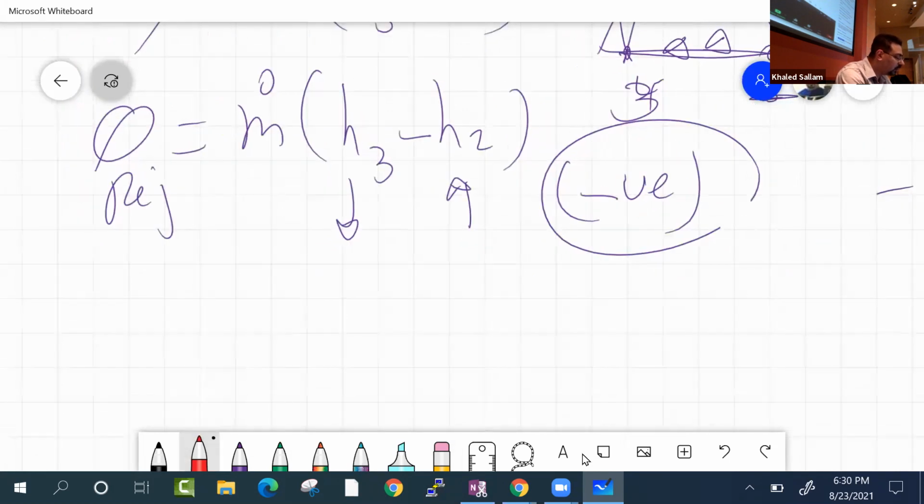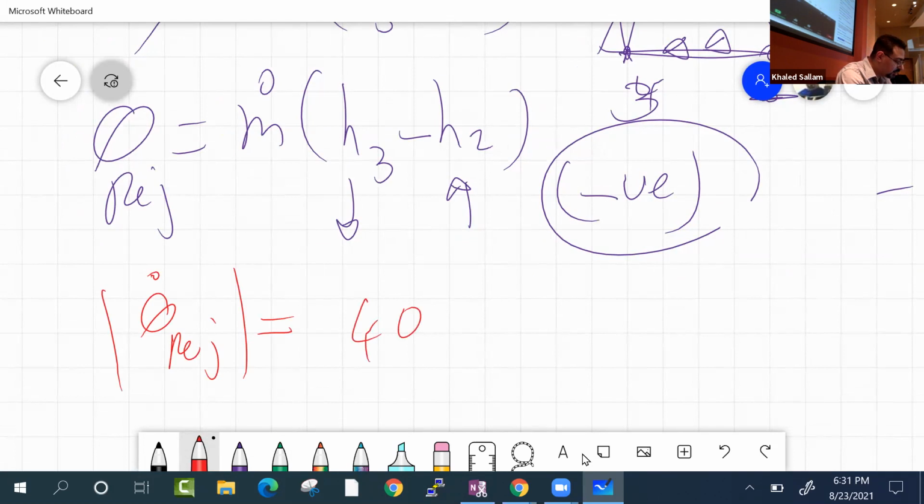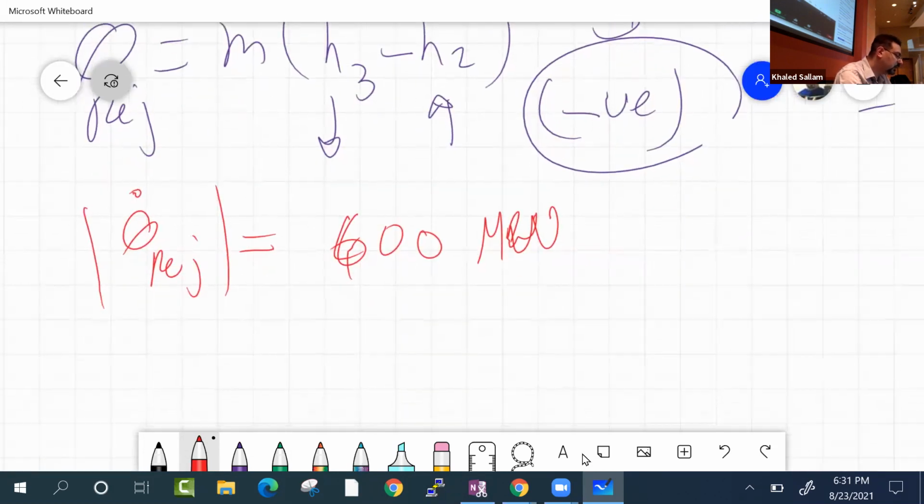If I ask for the magnitude of Q dot rejected, it will be like, say, 600 megawatt for, say, a 40% power plant. That's the magnitude.